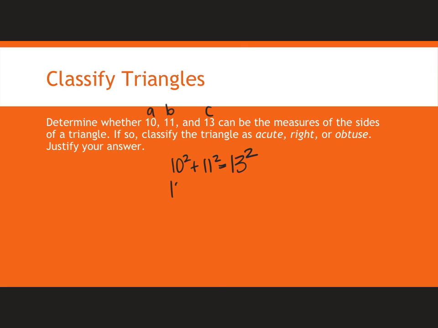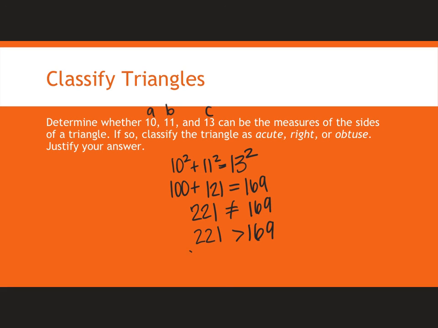So 10 squared is 100, plus 11 squared is 121, and is that equal to 13 squared, which is 169? So 100 plus 121 gives me 221, and 221 is not equal to 169, but 221 is greater than 169.